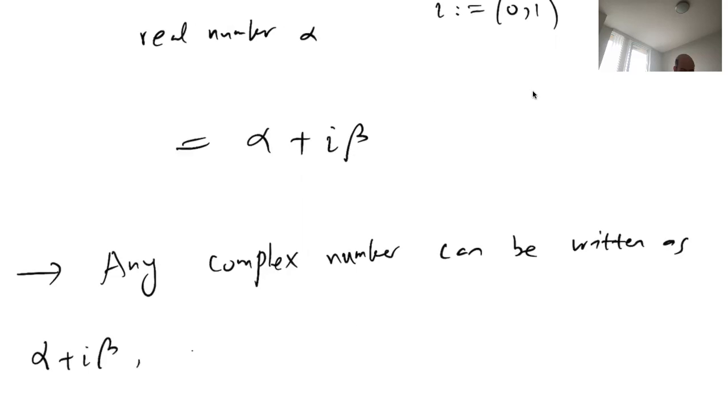So any complex number can be written as alpha plus i beta, where alpha is called the real part, denoted by real part of alpha plus i beta, and beta is called the imaginary part, denoted by imaginary part of alpha plus i beta.